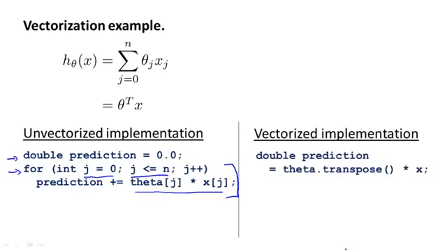Depending on the details of your numerical linear algebra library, you might be able to have a C++ object, which is vector theta, and a C++ object, which is vector x, and you just take theta transpose times x, where this times becomes a C++ overloaded operator, so you can just multiply these two vectors in C++. Depending on your library, you might use a slightly different syntax, but by relying on the library to do this inner product, you can get a much simpler piece of code and a much more efficient one.